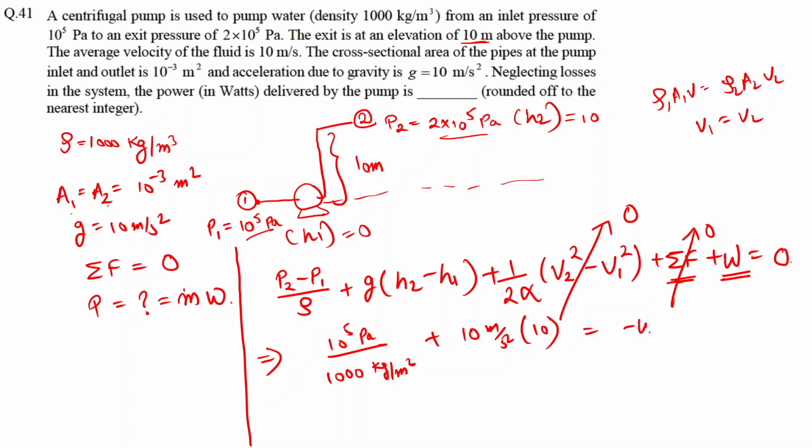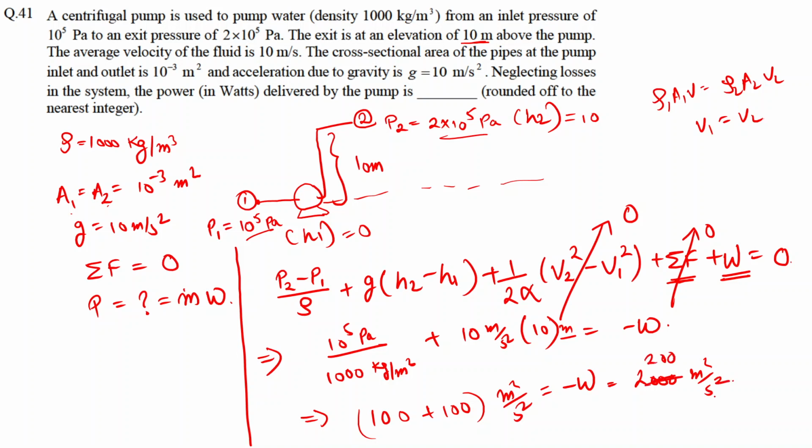So this will be equal to work required. This we can write as 100 plus 100. The unit will become, over here it is meter, so it will become meter square per second square, is equal to minus of W. So this is equal to 200 meter square per second square.